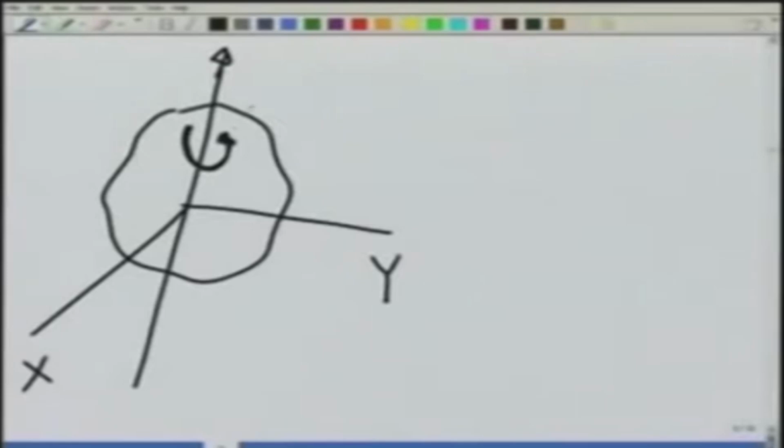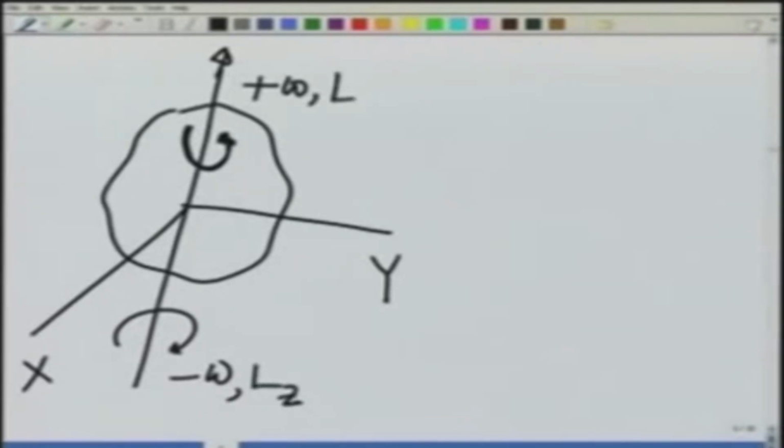I will take the right hand rule: if I point my thumb in the direction of the axis, the direction of the curling fingers gives me the positive direction of omega and L, and the other way is going to be negative. Same thing with Lz.